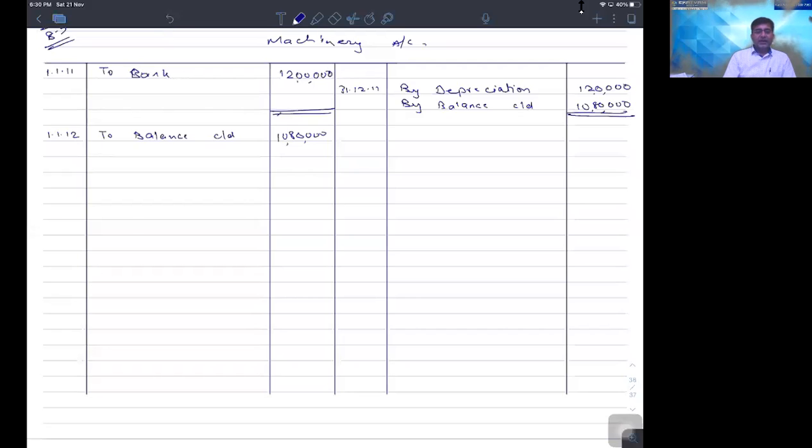I'll do one thing. I'll solve it as per the calendar year first, and then I'll show you how to do the calculation with reference to the financial year as well. Will that be fine?